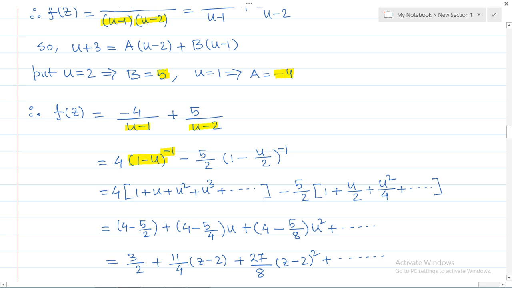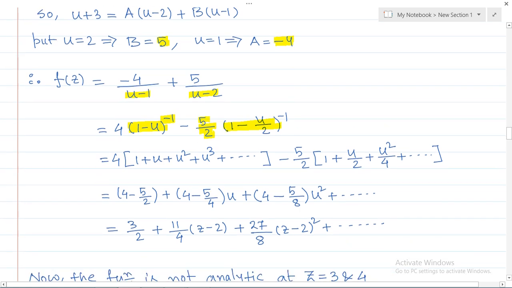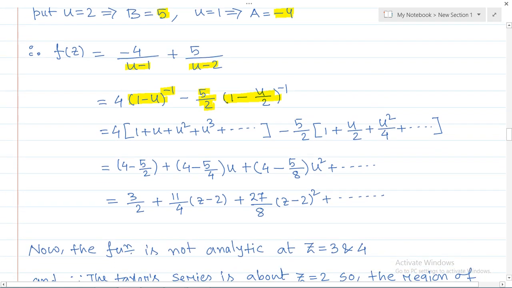And how can it be taken? That is, 2 I have taken outside along with this minus sign. So 5 by 2 is outside. So inside what will come? 1 divided by 1 minus u by 2. So this can be written as 1 minus u by 2 whole to the power minus 1. Right. So now we just apply the series expansion.